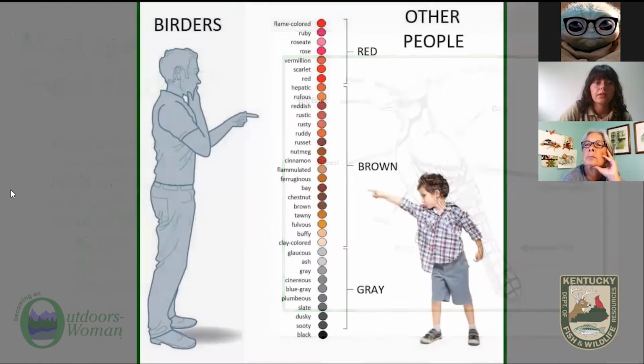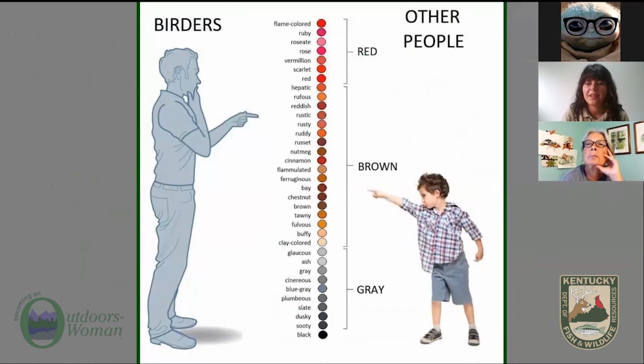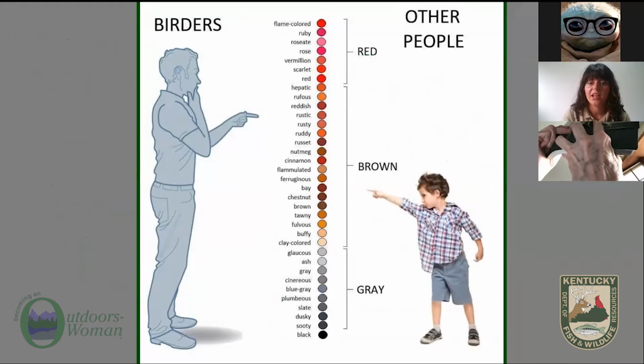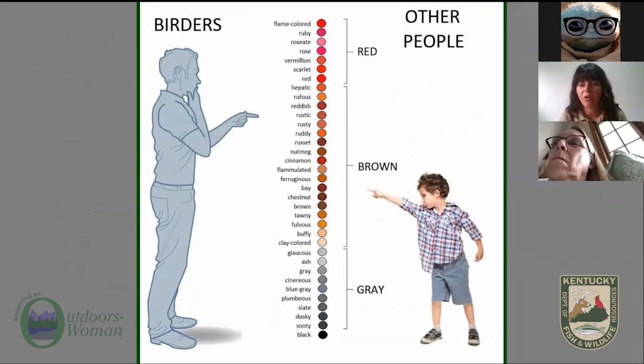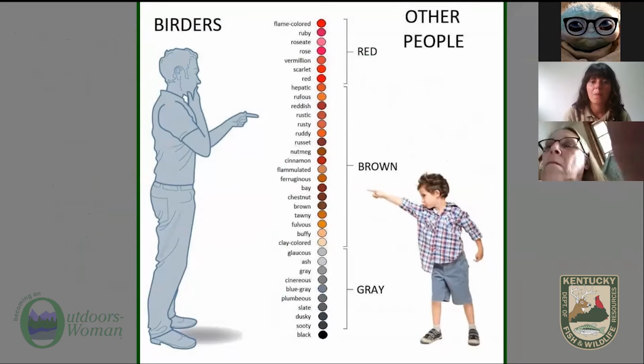All right. Okay, color. Put this in here because I think it's hilarious, and two, it's very, very true. The more you get into birding, the more you will realize that the color wheel is much larger than what we were ever taught in school. So what is red to somebody else is actually scarlet or flame or rose color to a birder.